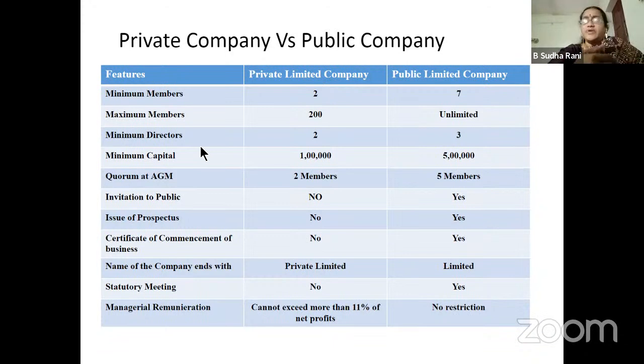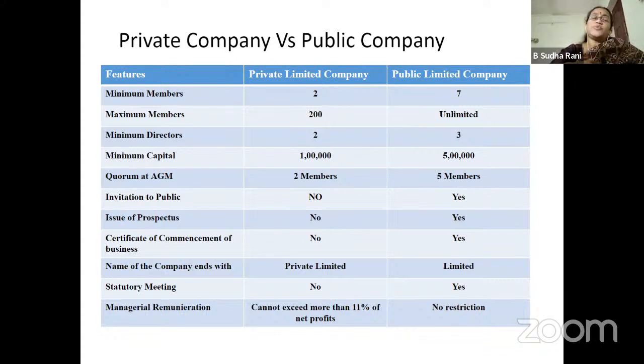Yes, a private company will not issue its shares to the public. So when they don't issue shares to the public, they will not invite the public to subscribe to their shares. Understood? What about the public company? Yes, a public company raises its capital from the public itself in the form of shares. Okay, so they issue a prospectus.